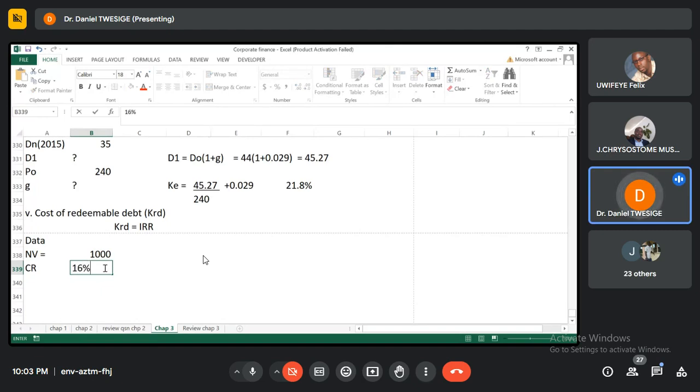Having a coupon rate, I can get the interest. The interest of the coupon will be our nominal value times my coupon rate, which is 1,000 times 16%. Then I adjust with the tax, which is 1 minus 0.3. I hope you remember that.